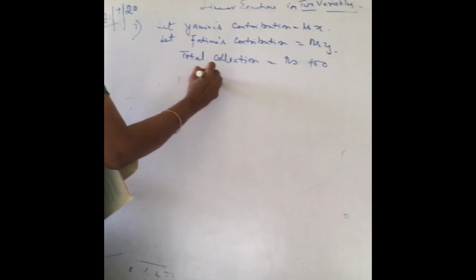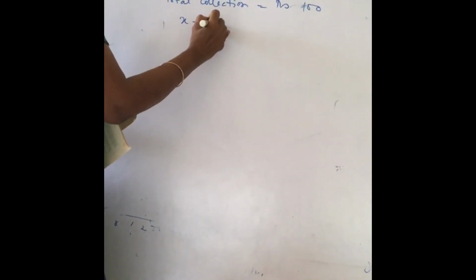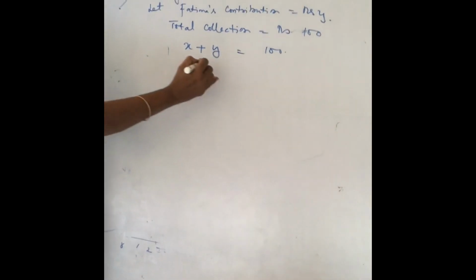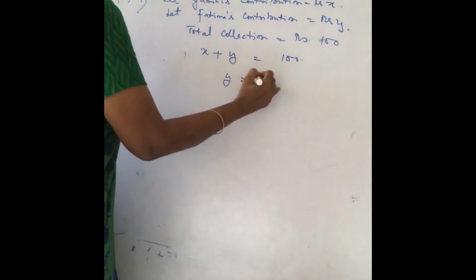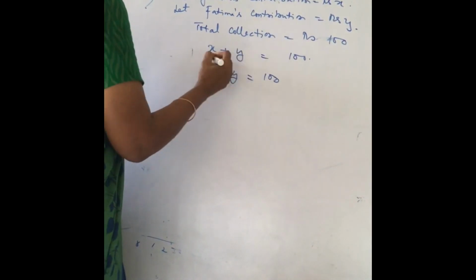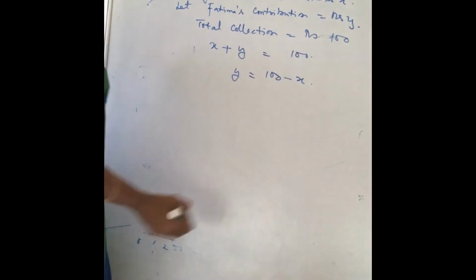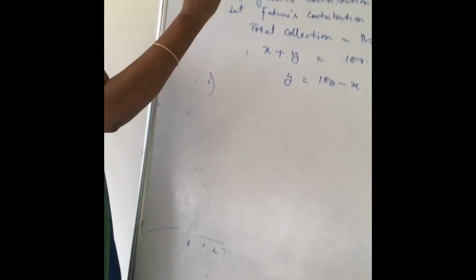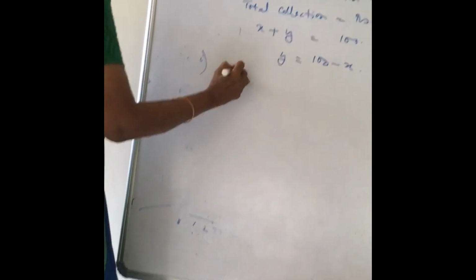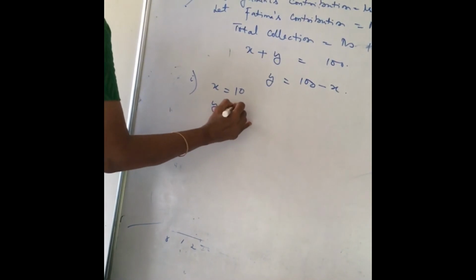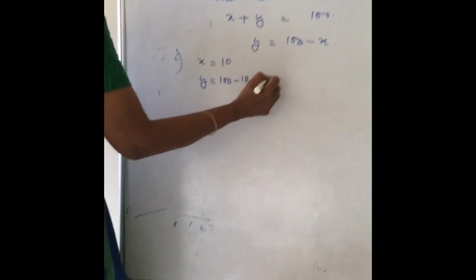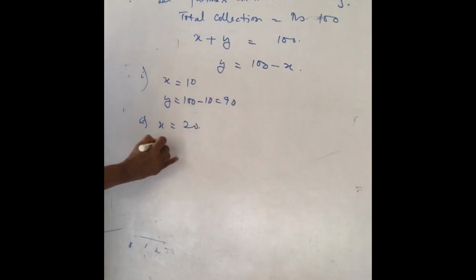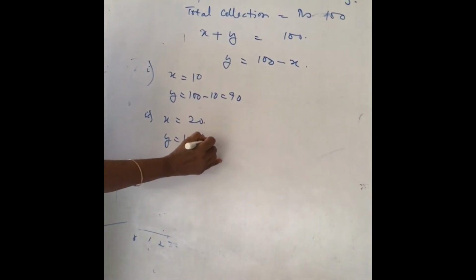So, x collection plus y collection all together makes 100. As usual, y on left side, your equation is x plus y is equal to 100. Y is equal to 100 minus x. You know money is never negative, children. If x is equal to 10, y is equal to 100 minus 10, that is equal to 90. X is equal to 20, y is equal to 100 minus 20.